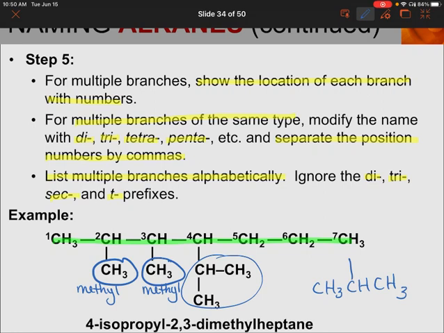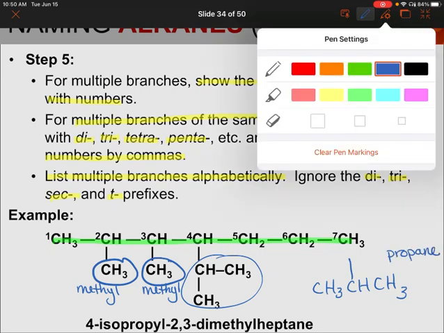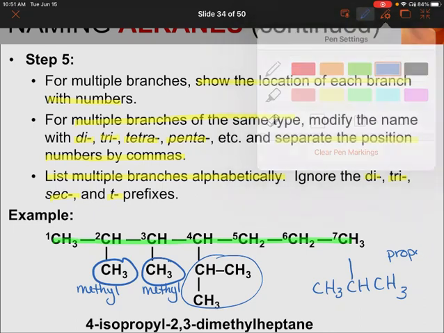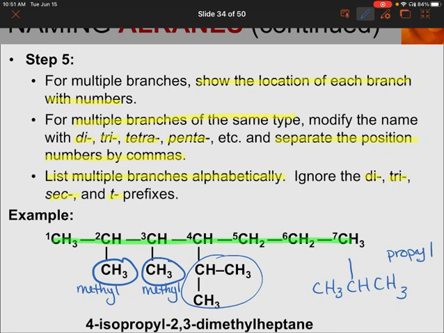So 3 carbons tells us we have propane, but this is an alkyl group, so this becomes propyl. And then because it's connected to the middle carbon, we're going to add iso in front. So this will be our isopropyl group that's attached. All right, so now let's put everything together.